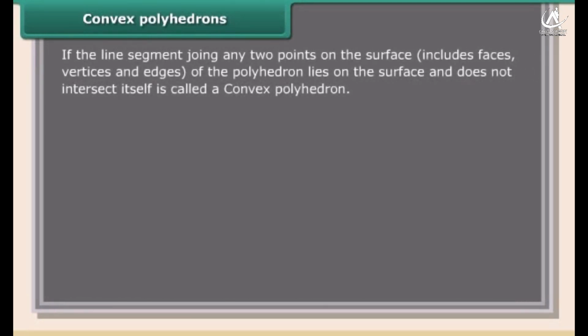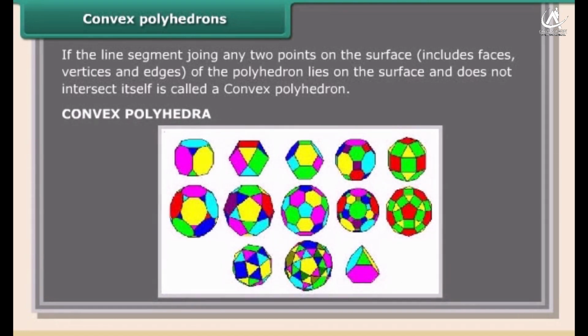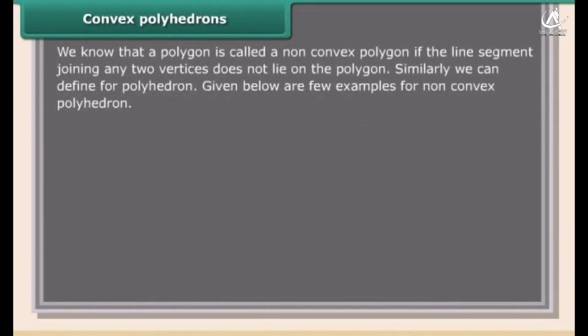Convex polyhedrons: if the line segment joining any two points on the surface, including faces, vertices and edges of the polyhedron, lies on the surface and does not intersect itself, it is called a convex polyhedron. We know that a polygon is called a non-convex polygon if the line segment joining any two vertices does not lie on the polygon.